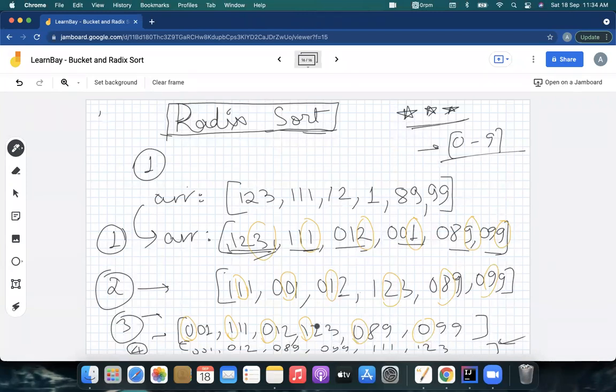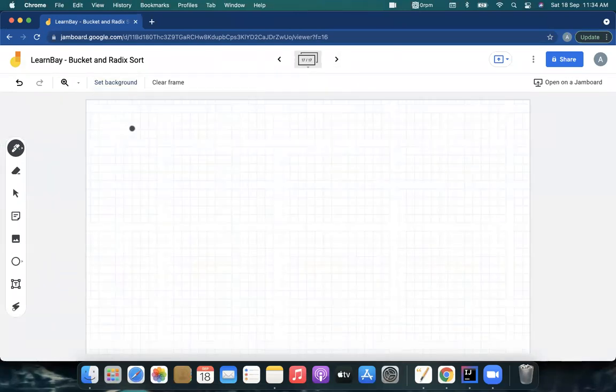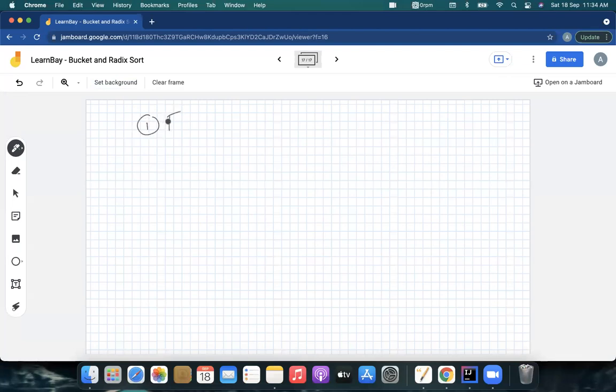So like I said, it works like magic. So this is the algorithm. The algorithm is: find the maximum digits in the array, and repeat.